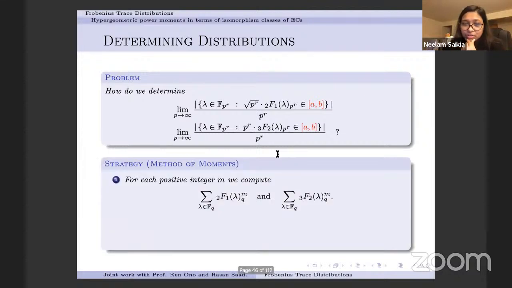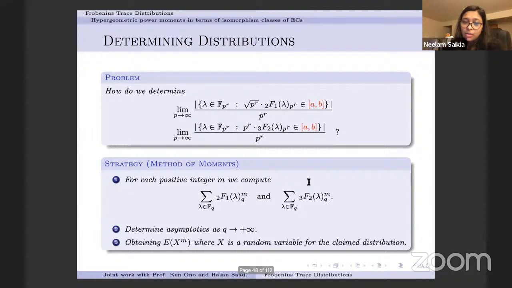To do this, we adopt the method of moments. In this method, we first compute the power moments for these two functions. Once we have the power moments, we find their asymptotic formulas as q goes to infinity.